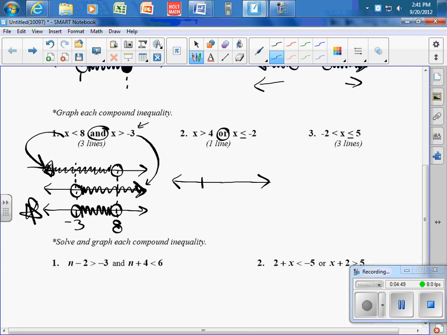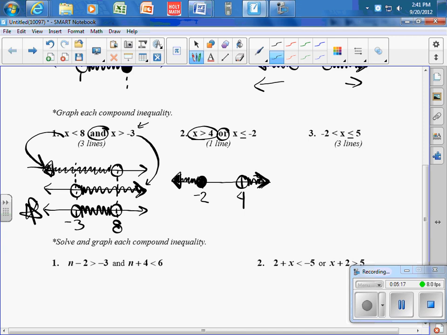The -2 will be to the left of the 4. So we graph x is greater than 4 by putting a hollow circle on 4 and shade everything to the right, and we put in a filled in circle on -2 and shade everything to the left, and any number in the shaded area would solve this compound inequality.